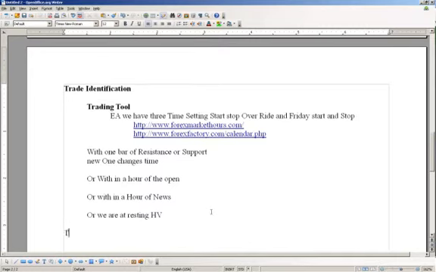Now, we're going to go into a trigger. Our trigger is a cross of R1 or S1. And the cross is just with the high or low.